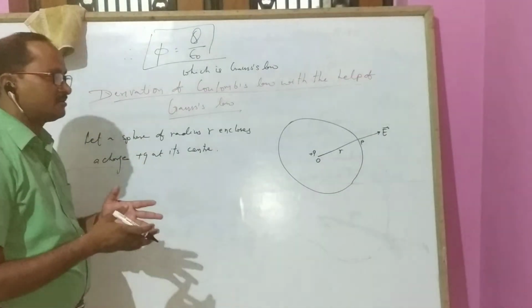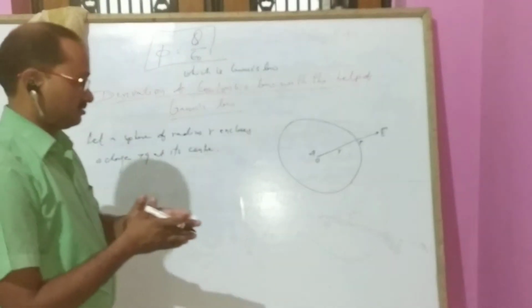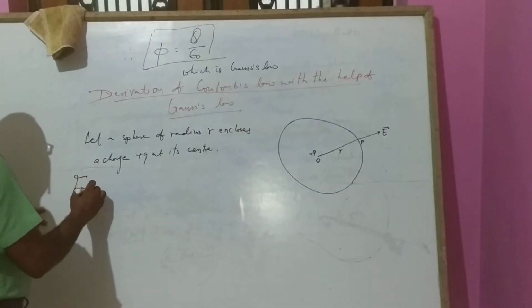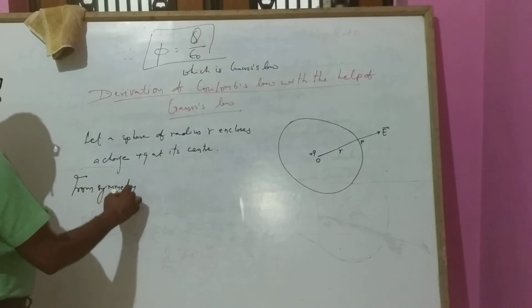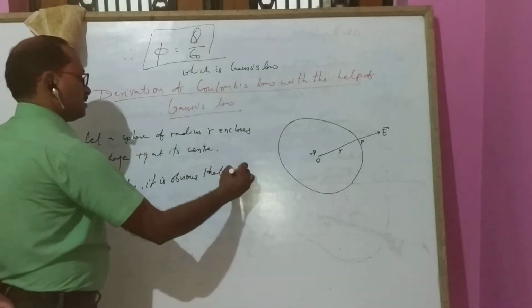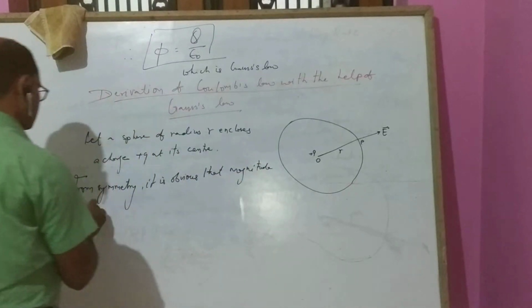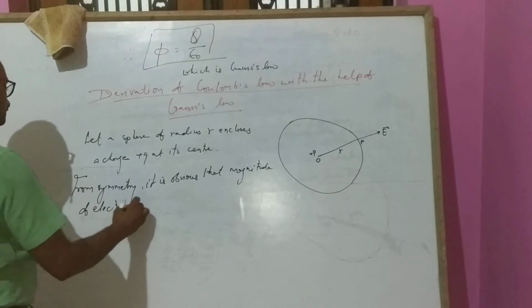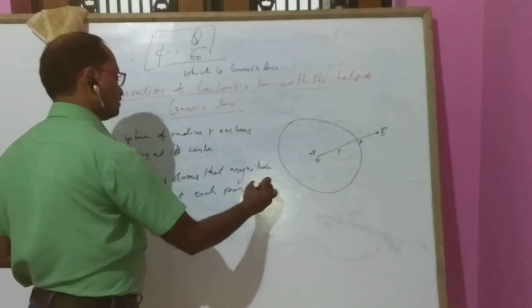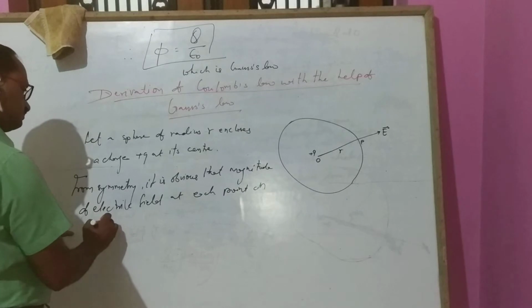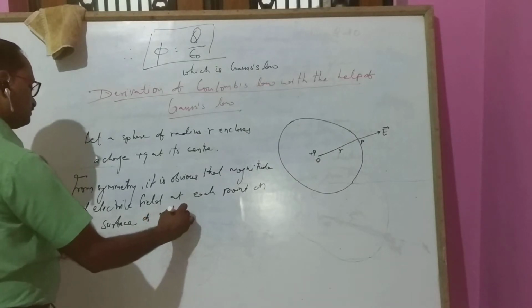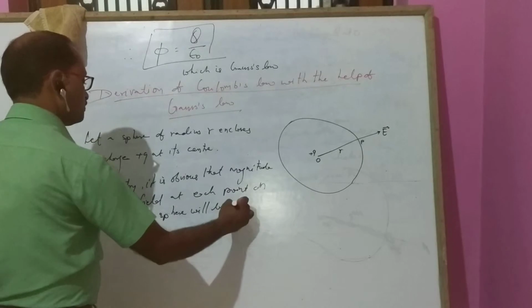From symmetry, it is clear that the magnitude of electric field at each point on the surface of the sphere will be the same.